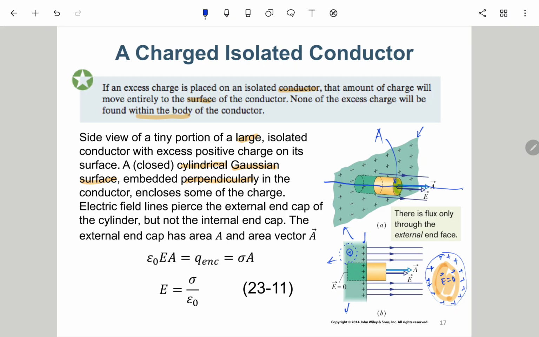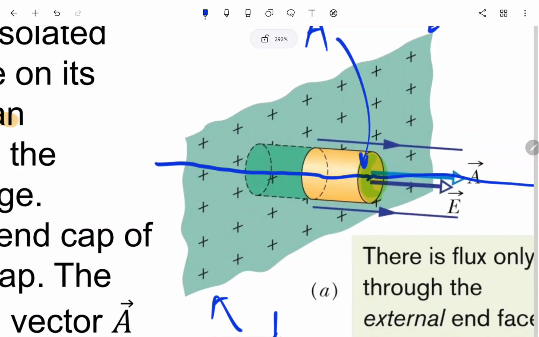Here we try to apply Gauss's law for this cylinder. Just as I mentioned, this part is inside the conductor, and the E field inside the conductor must be 0.